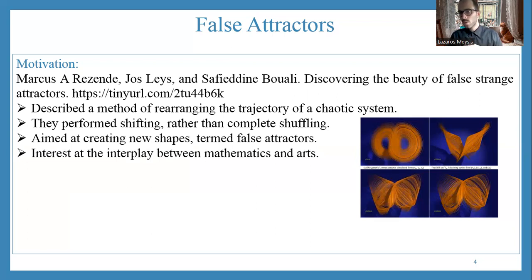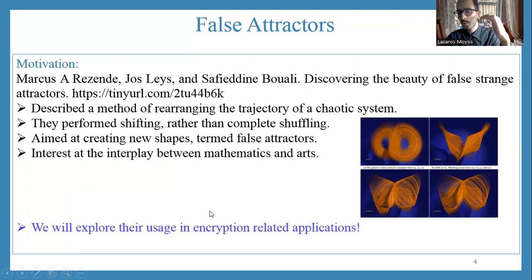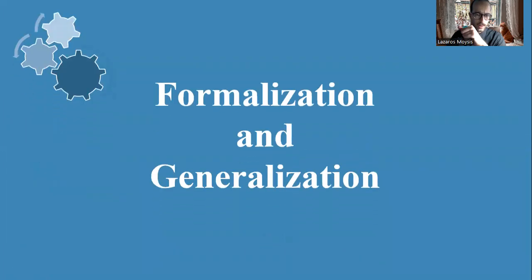Their main interest was to design new, novel, and very interesting shapes, the false attractors that span from original chaotic systems. But this application is very interesting and we believe it has a lot more potential. Personally, what we're interested in at the moment is the potential application of false strange attractors in encryption. And that's what we're going to discuss in this presentation.